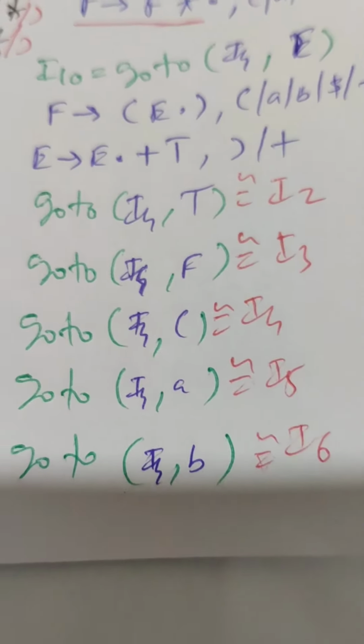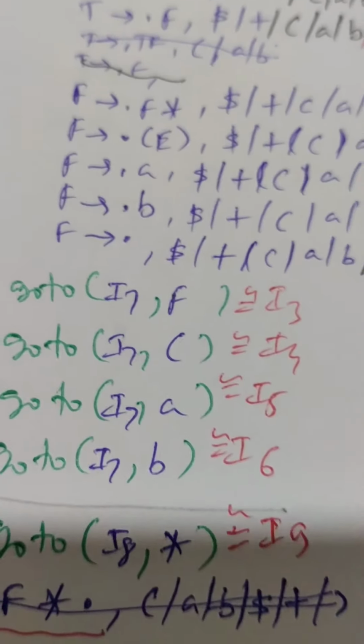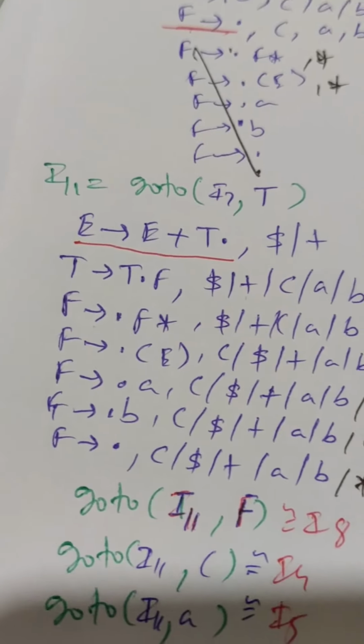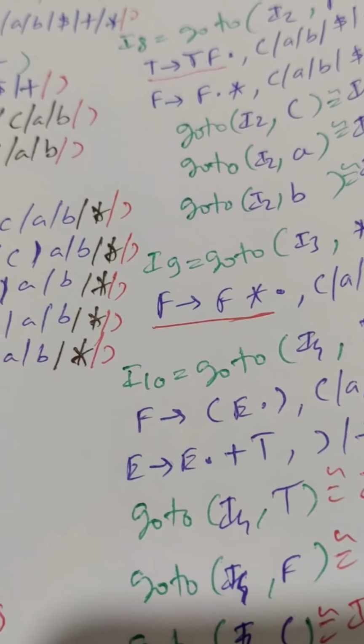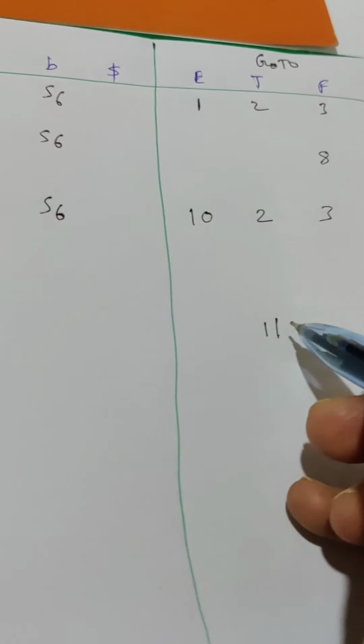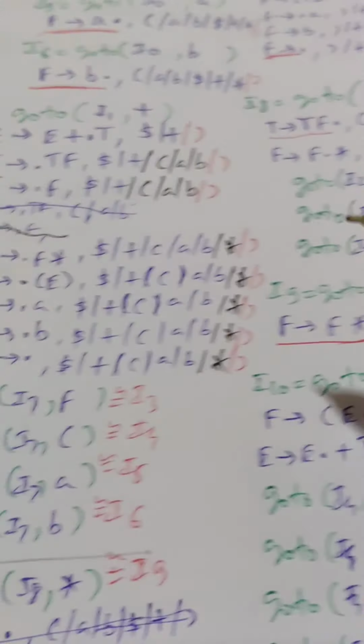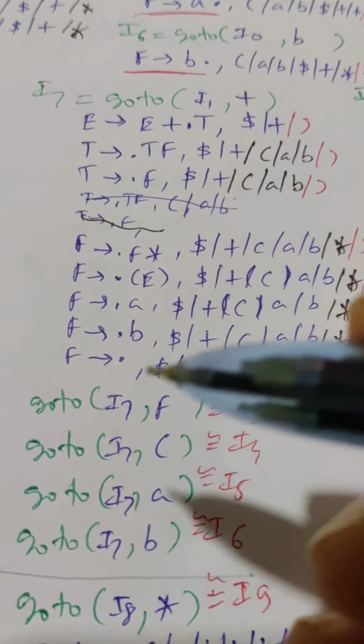Now let's move to I7 comma T is 11, so I7 comma T is done. Now I7 comma F is 3.